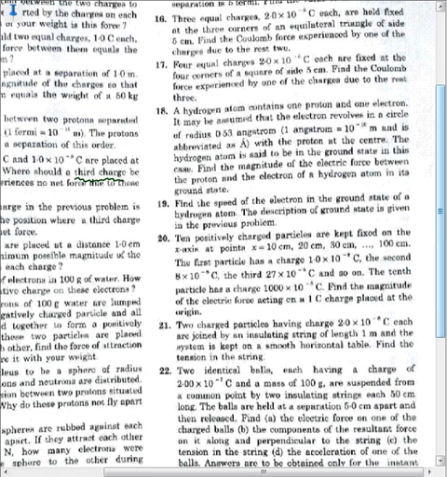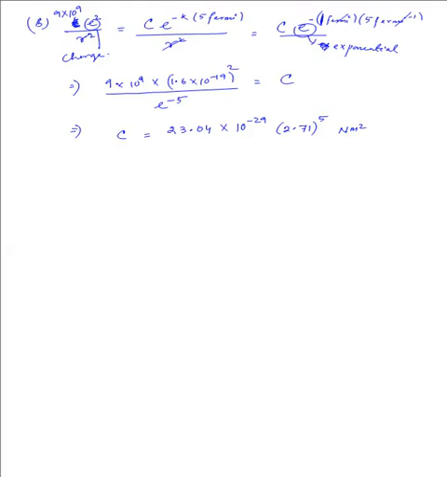Each are fixed at four corners of a square of side 5 centimeters. We wish to obtain the Coulomb force that is experienced by one of those charges due to the rest of the three. So let's draw the figure first to help us understand the concept that we are going to consider.